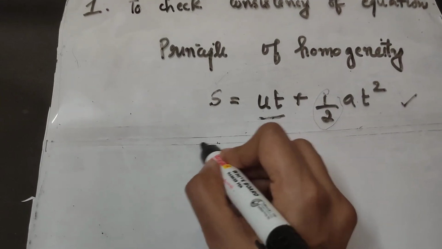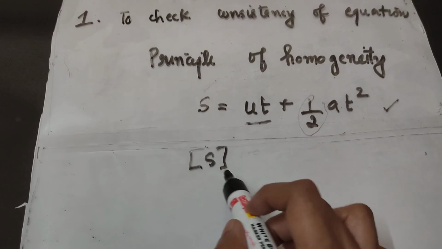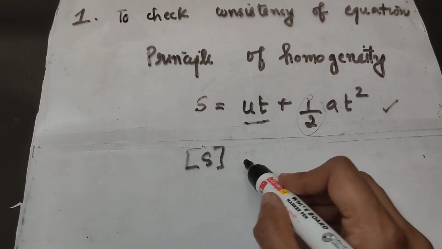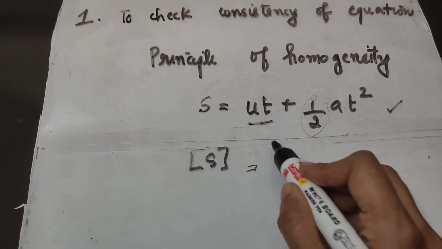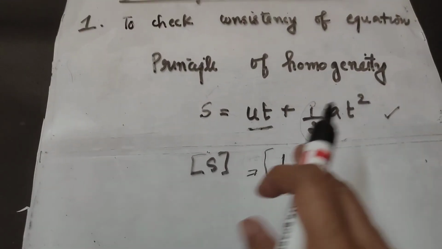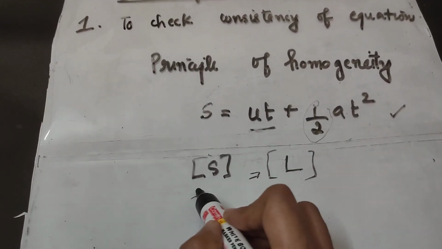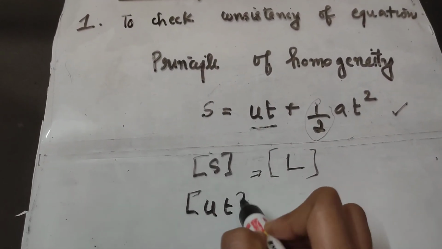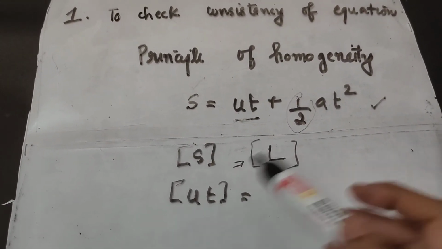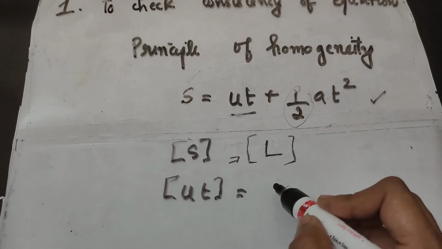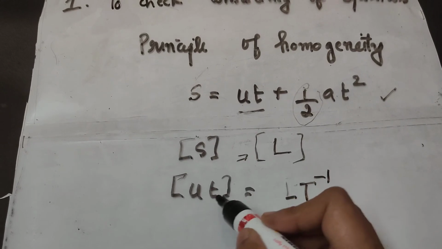First term is s. What is s? s is displacement, right? So what is the dimension of displacement? L. L is the dimension of displacement. Then the second term is u into t, the product of velocity and time. What is the dimension of u? It is L t raised to minus 1, into t.